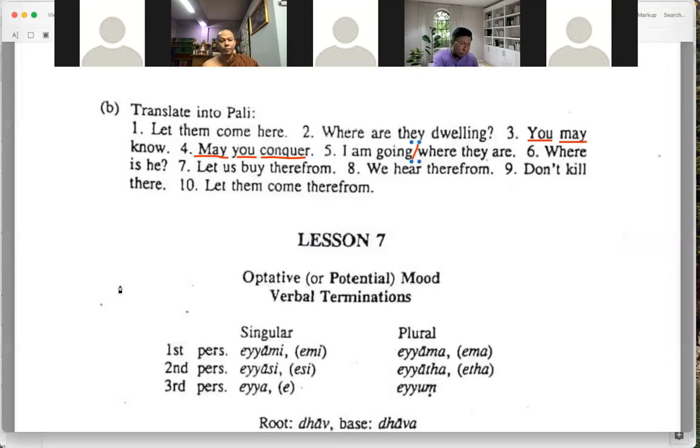Okay, now number 6. Where is he? Is he mean question? Another question mark you see. So that is a where here, not relative. So interrogative adverb. So where mean kuhe or kata or kahan, anything you like. Is he?